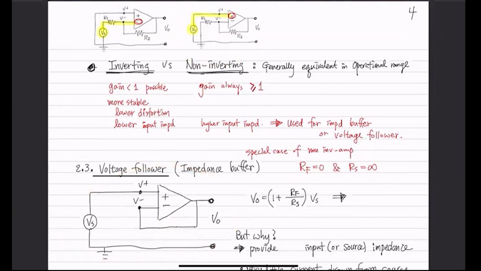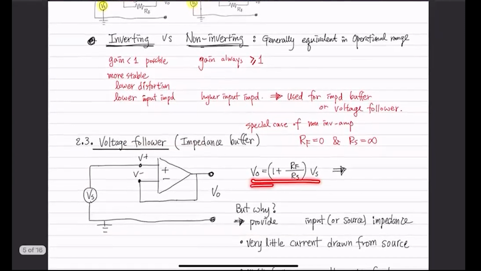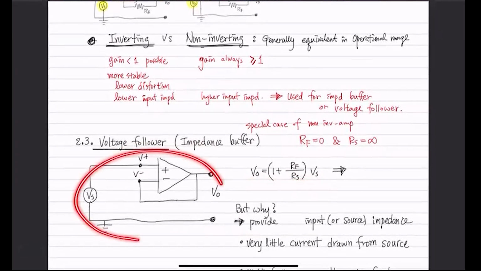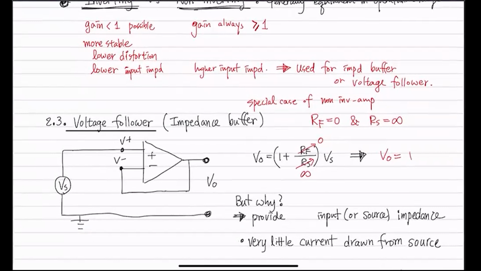But still, because it's a subset of this non-inverting amplifier, it may follow this kind of rule. So Vout, assume this guy goes to 0, this guy goes to infinite, then that's just Vs, right?